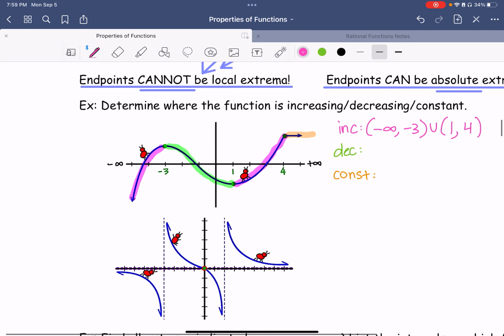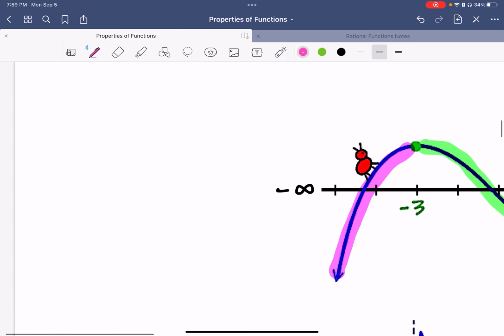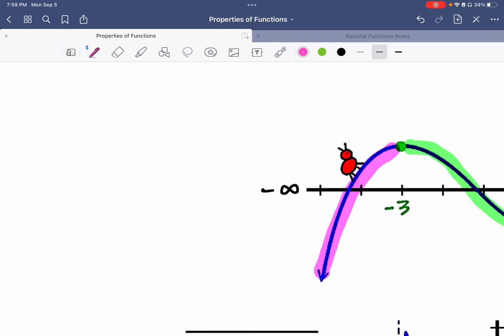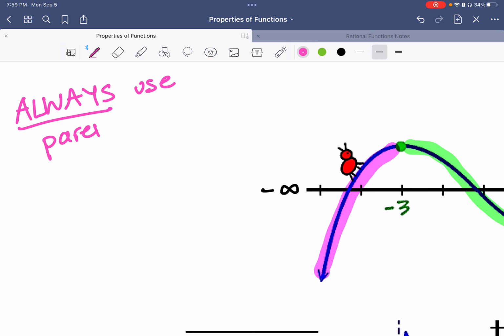Now I'm going to make a note here. You might be wondering why I'm using parentheses when those points are clearly closed. So I'm going to zoom in to the side, and I'm going to say always, in caps because it's really important, that you're always going to use parentheses. Never use brackets.